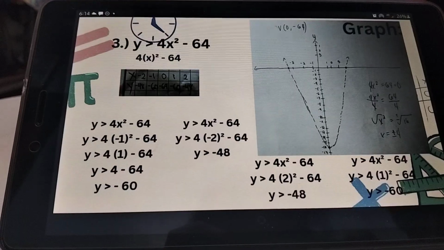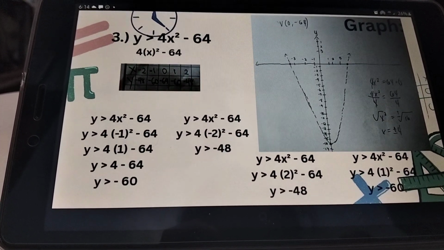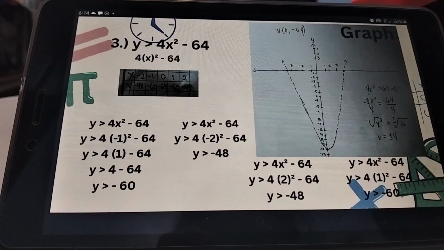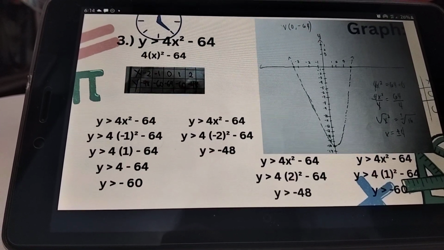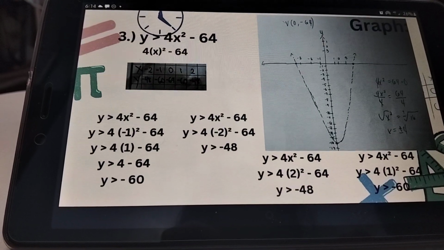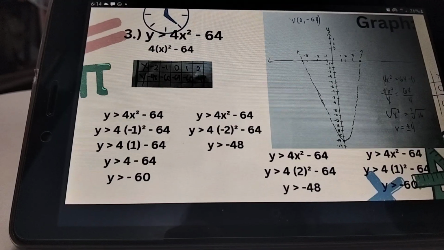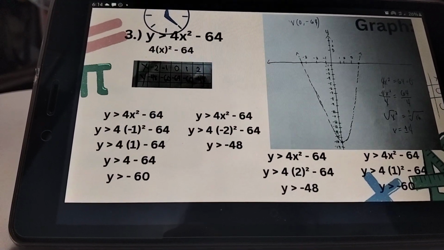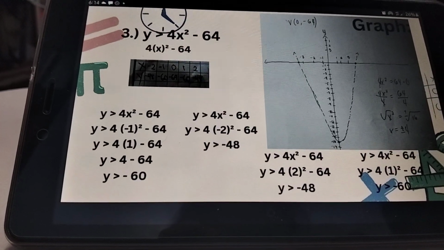When x is equal to 0, y is equal to negative 64. When x is equal to 1, y is equal to 4 multiplied by 1 minus 64 is equal to negative 60. When x is equal to 2, y is equal to 4 multiplied by 4 minus 64 is equal to negative 48.